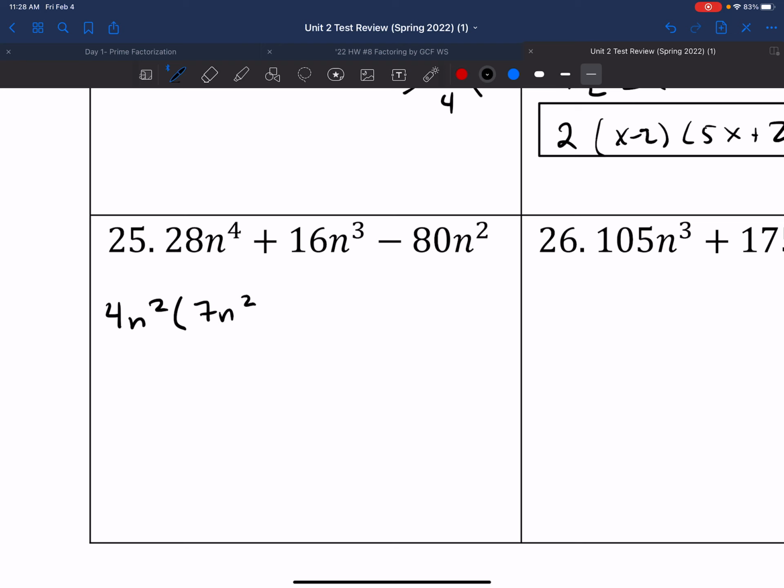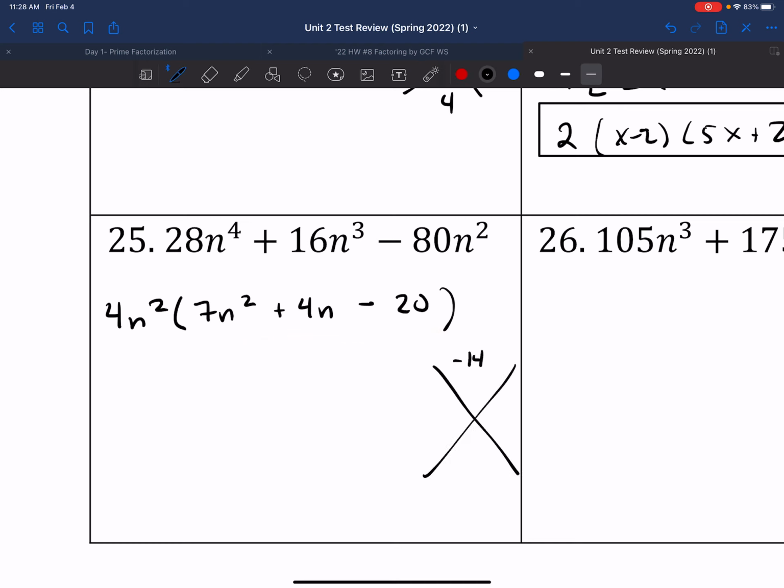7n squared plus 4n minus 20. Yes, there you go. And am I done? Okay, am I done? No, I need to make sure, because I gotta factor this. Let me see if I can do the x method with this.